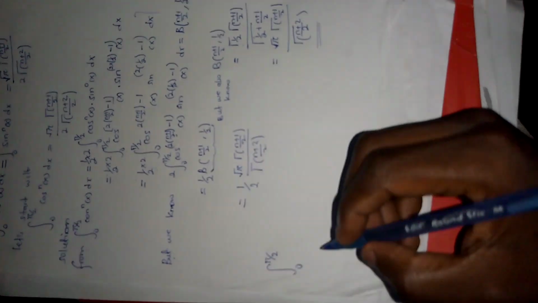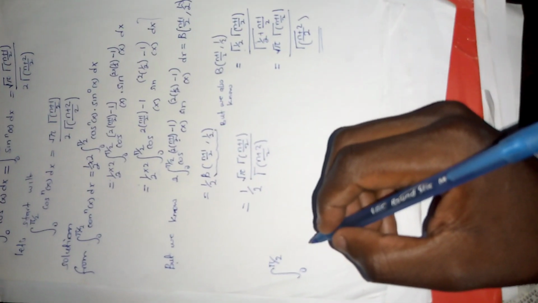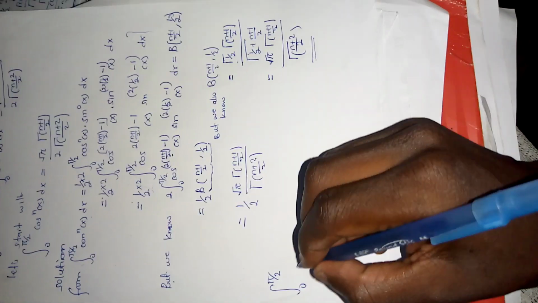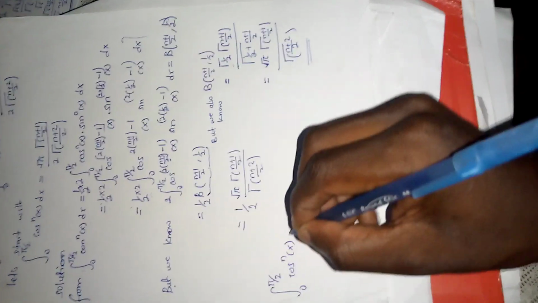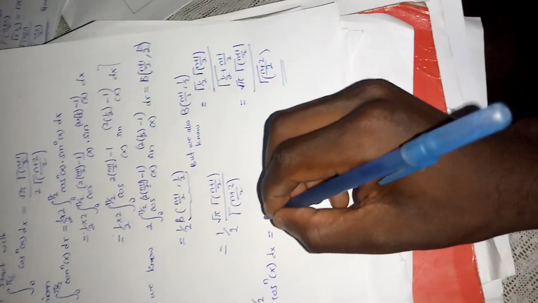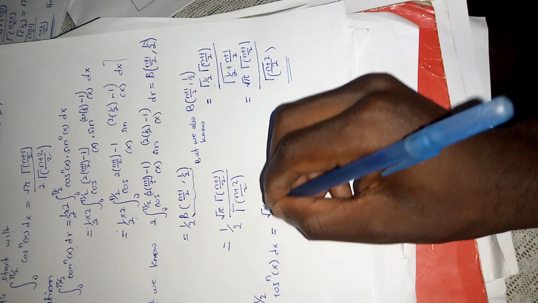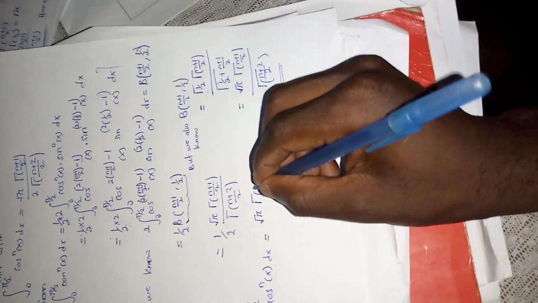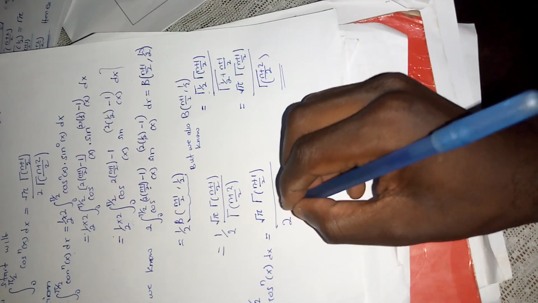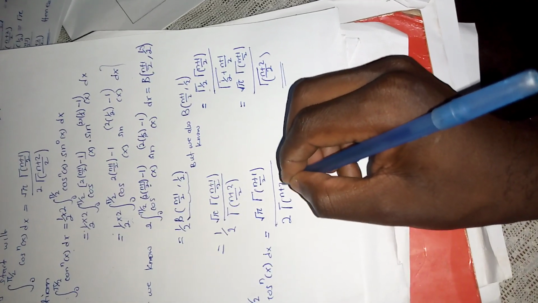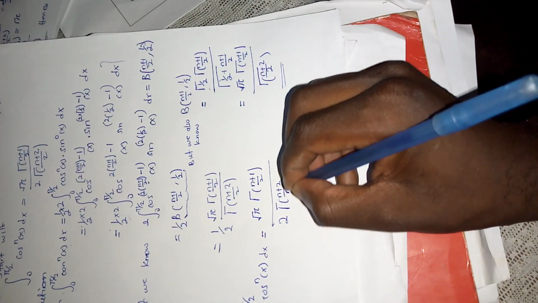Therefore, this other function of ours, from 0 to pi by 2 of cos power n of x dx, is the same as root of pi gamma of (n plus 1) over 2 divided by 2 gamma of (n plus 2) over 2.